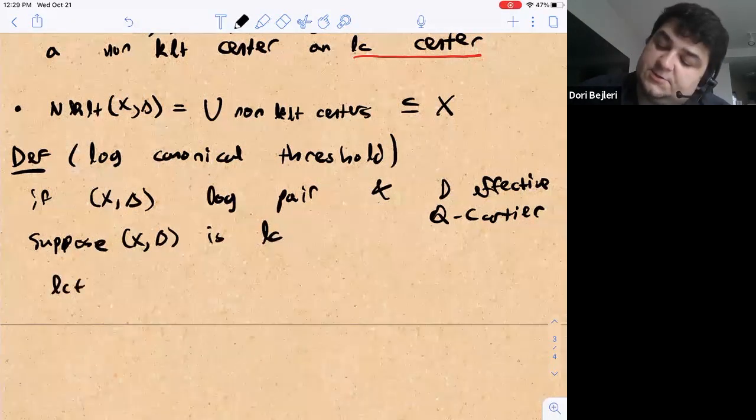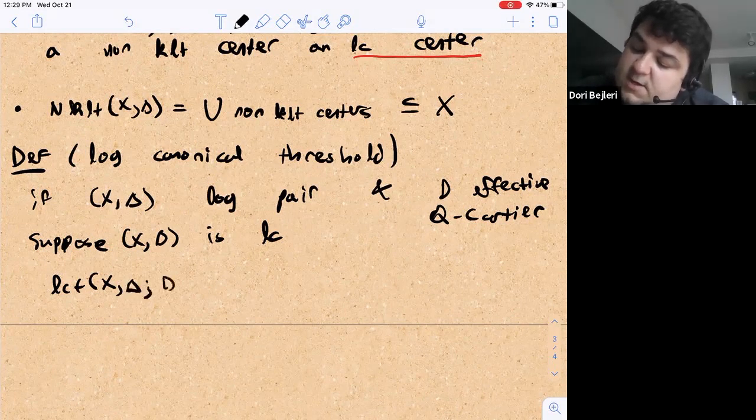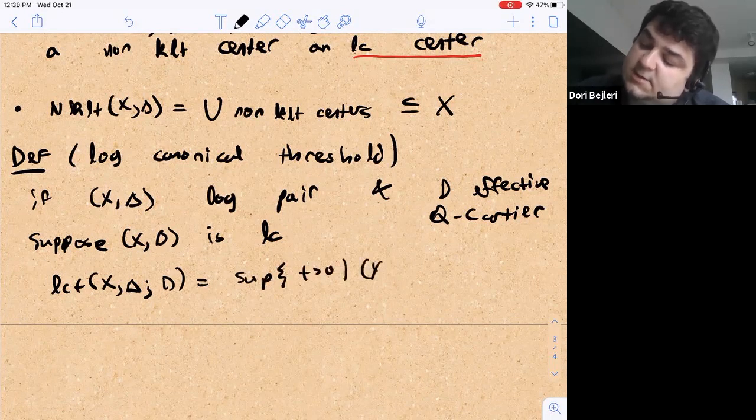Then the log canonical threshold of (X, Δ) with respect to D is the supremum of t greater than 0 such that (X, Δ + tD) is log canonical.